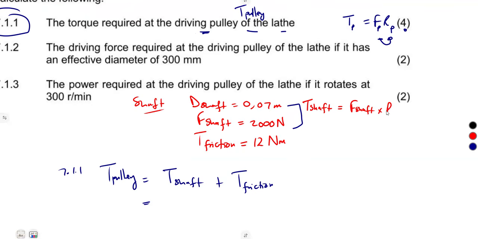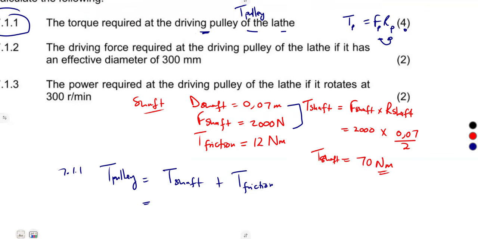Here you use the radius of the shaft. The force of the shaft is 2000, which is your cutting force, times the radius, 0.07 divided by 2 in meters. That is going to give us the torque of the shaft in Newton meters, so that's 70 Newton meters.